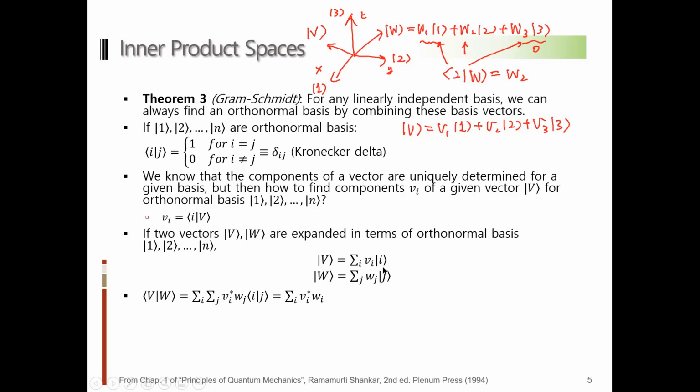So make sure that you are using the same orthonormal basis for the expansion. And as long as you stick to that requirement, the inner product between those two vectors will become as simple as this one. So from now on, we will just use this definition of the inner product between two vectors.